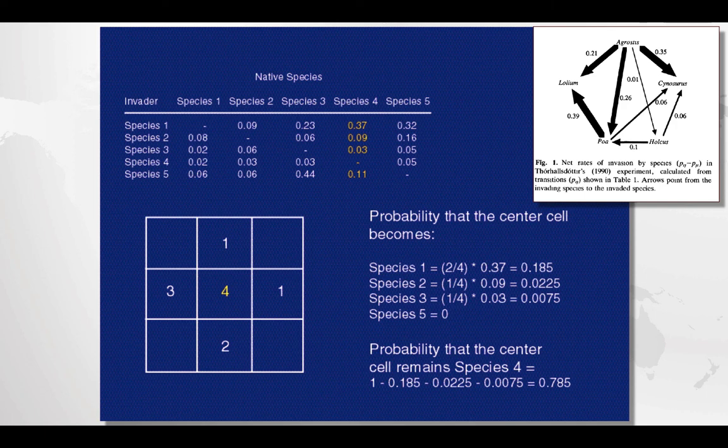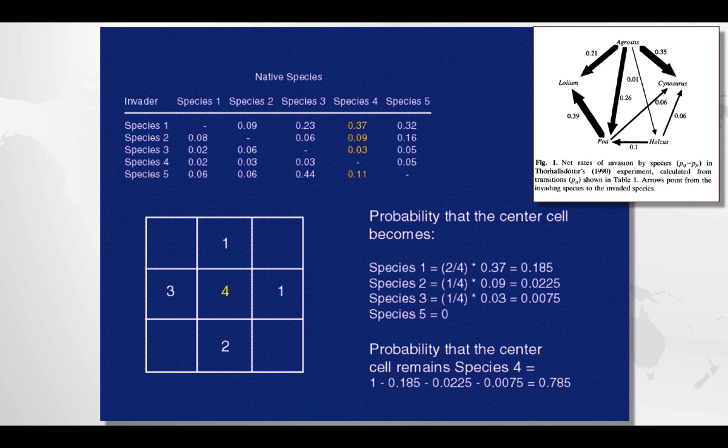If we look at the table, species 1 has a 0.37% chance of replacing species 4 in any one year, or any one time step, and a time step in this case is a year. Because there are two 1s next to it, you kind of double that. Species 2 has a smaller probability of replacing it.